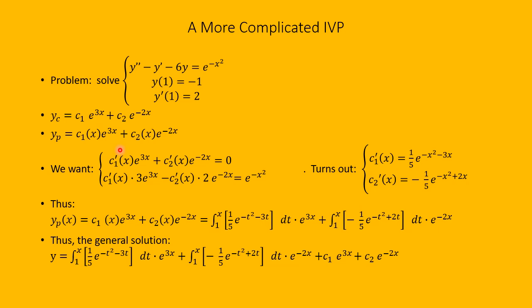So we want c1 prime and c2 prime to satisfy the following two equations. c1 prime of x e to the 3x plus c2 prime of x e to the minus 2x equals 0. The e to the 3x and e to the minus 2x were these linearly independent solutions to the homogeneous problem.